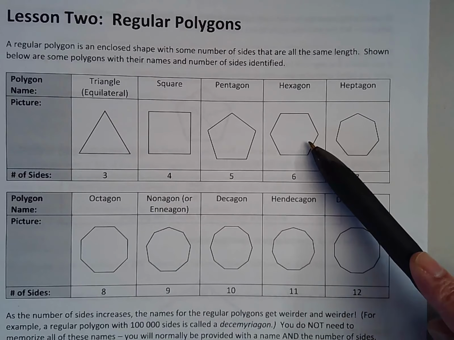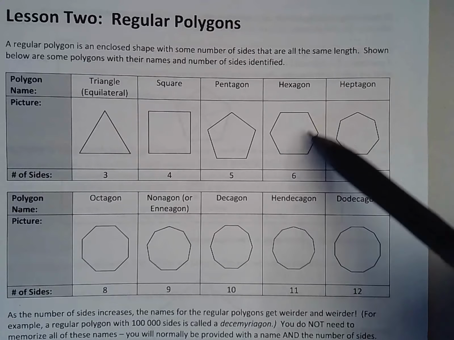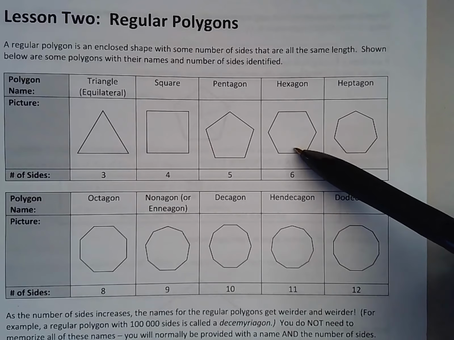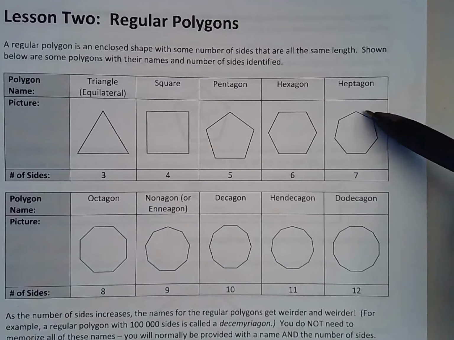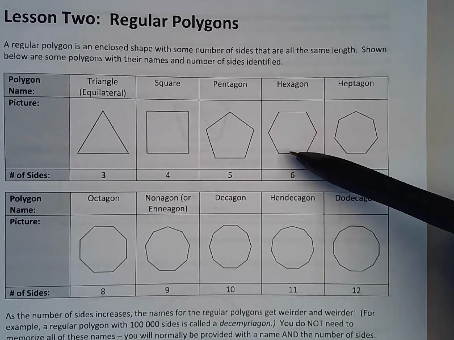This one is six-sided, because there are six sides, a regular polygon. But there's a special name for that. It's called a hexagon. And then if you keep going, have you heard of a hexagon before?